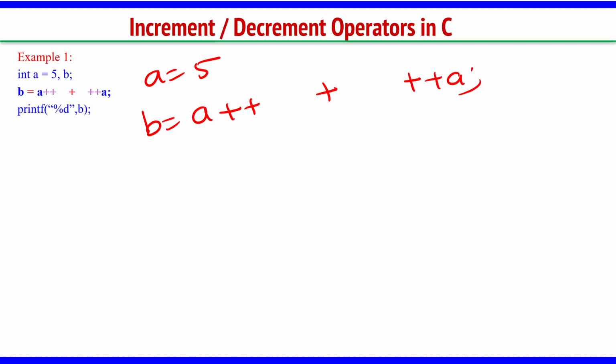A is 5, b is a++, that is post increment, plus ++a, that is pre increment. Though it looks very simple, it is a very complex concept of increment and decrement.